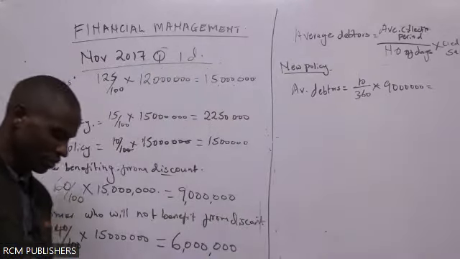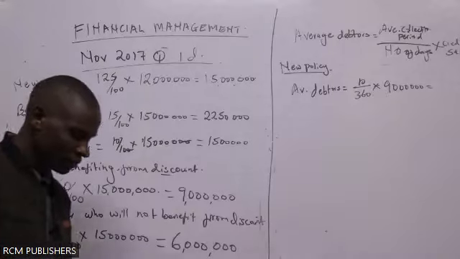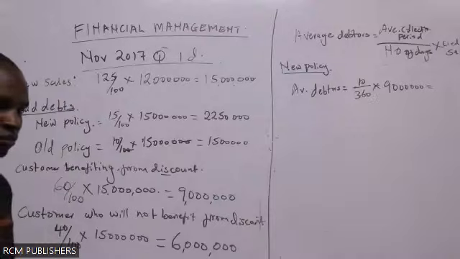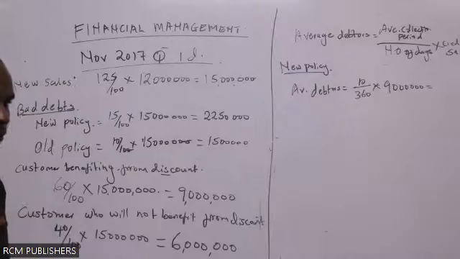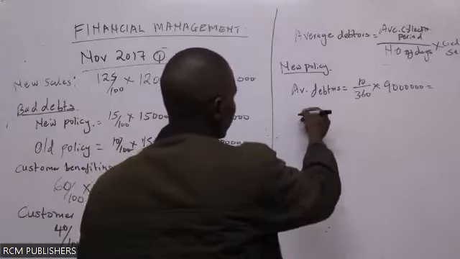times 9 million. And then when watapata discount, net 60. Now the people will be amount yenye tutatumia ni hiyo.